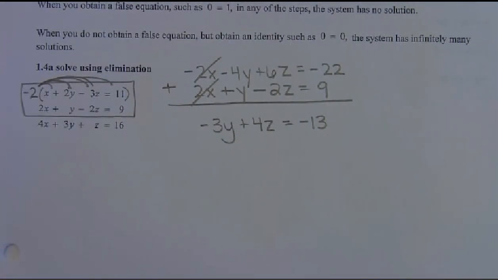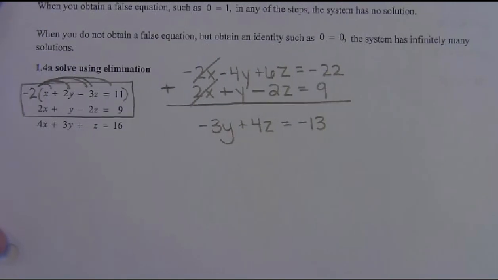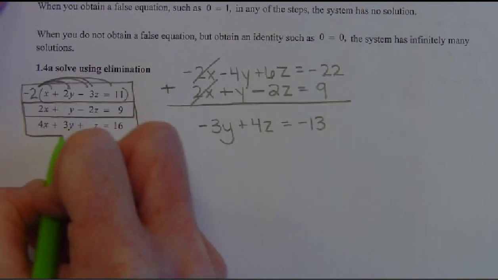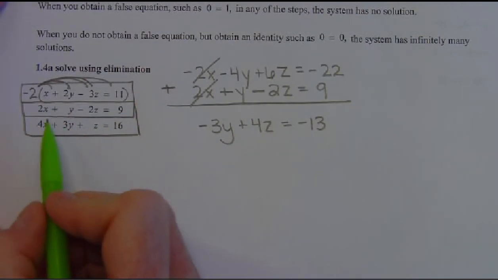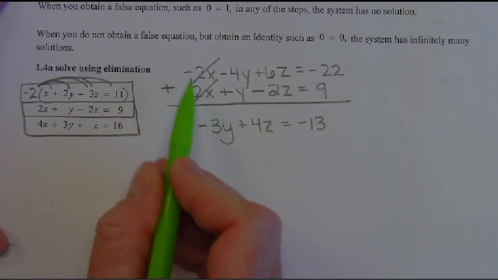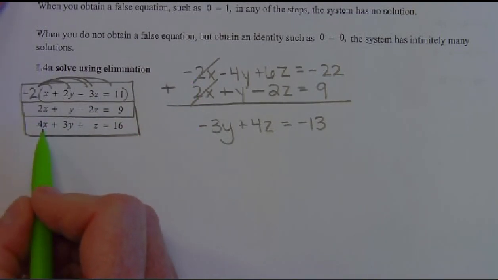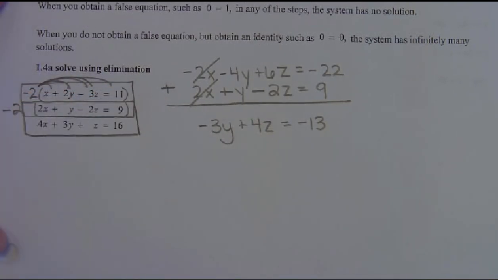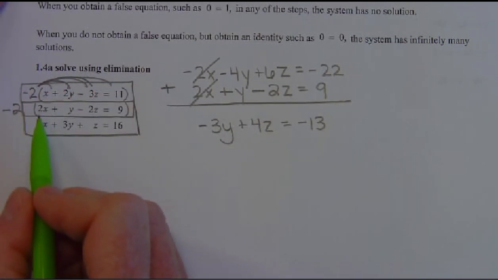After I do my first step, I pick two other lines and I again get rid of the same variable. So now I'm going to pick my middle and my bottom, and I have to again get rid of my x variable, same one I got rid of in my first set. These do not cancel as they're written, but if I multiply my top by -2, I will then get my x's to cancel here.